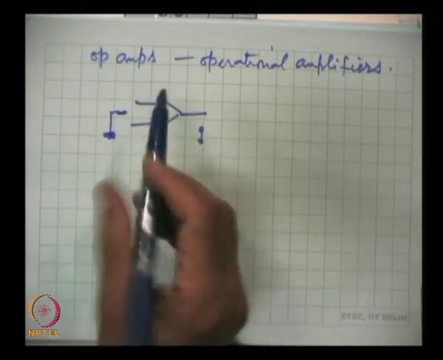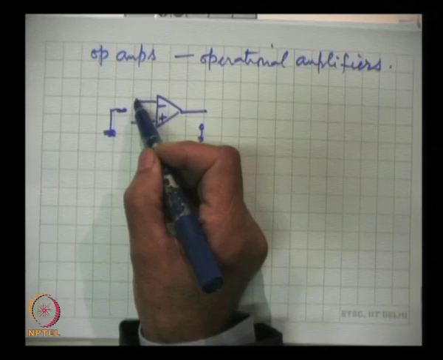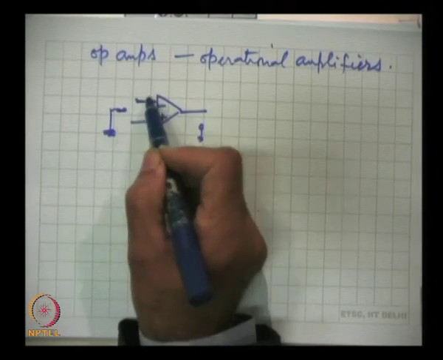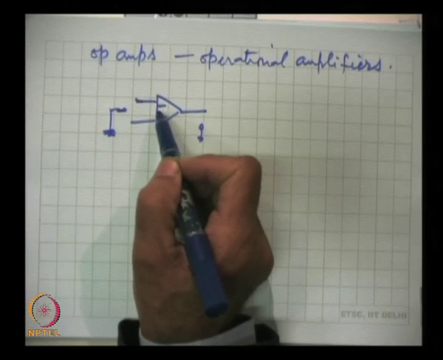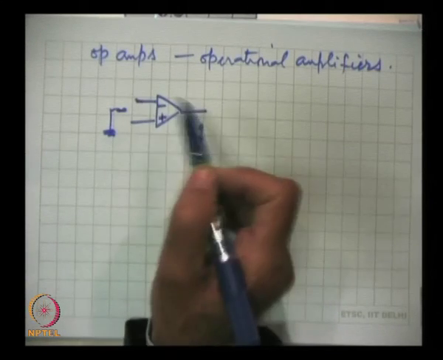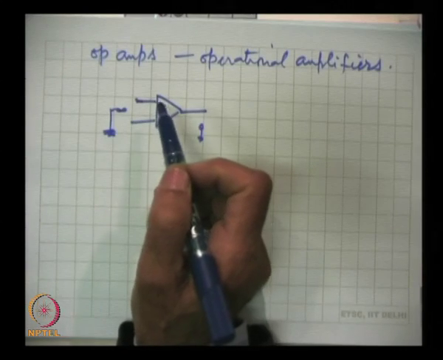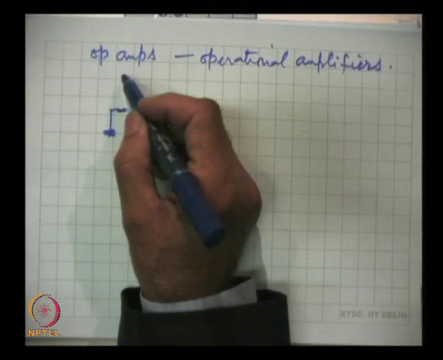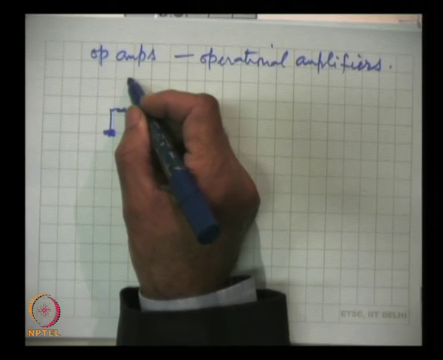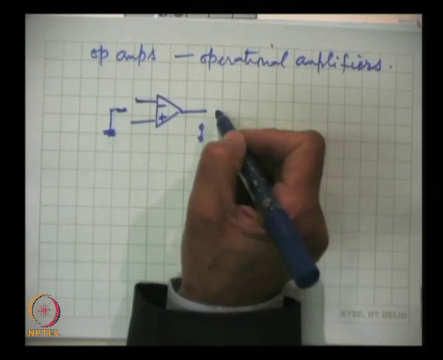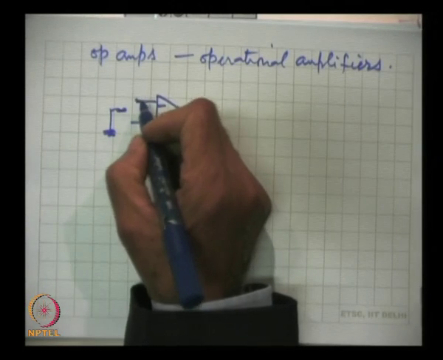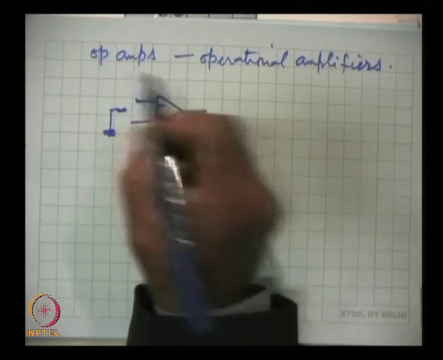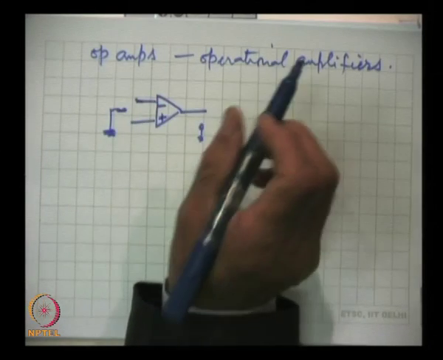So, if we give an AC signal to the inverting input, then at the output it will appear with phase reversal. That means there will be a phase change of pi: when it is peak positive, it will be peak negative. If we apply a positive DC voltage, it will appear as negative, and if we give negative, it will appear as positive.